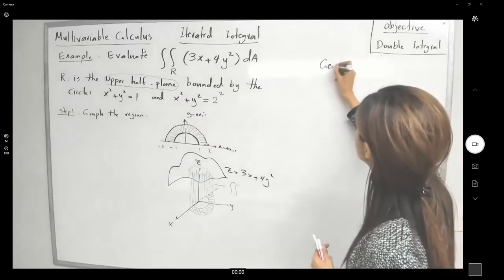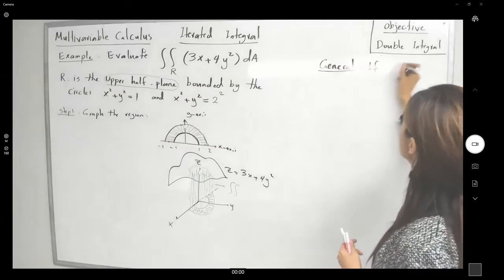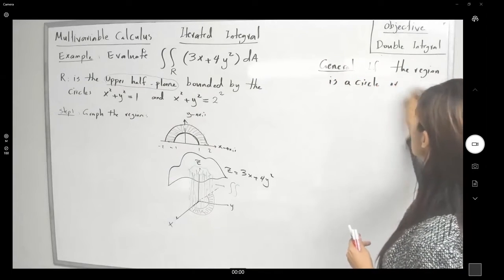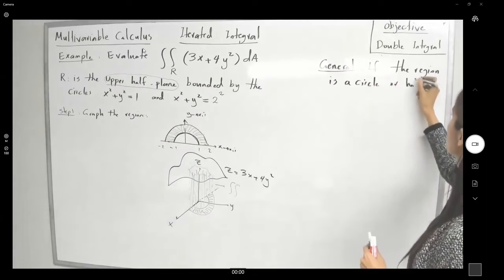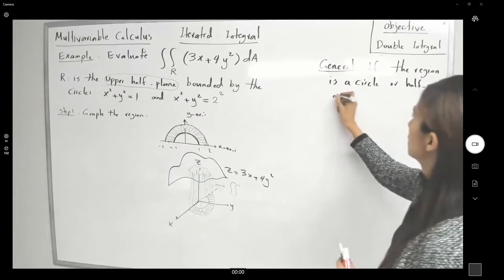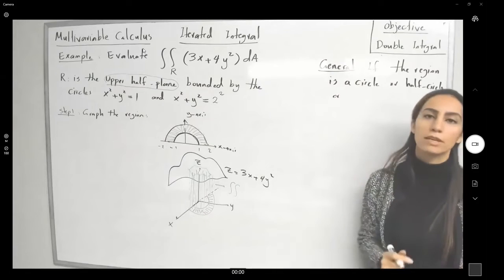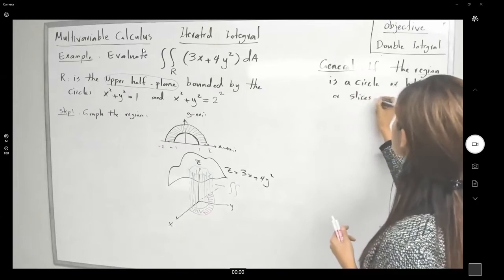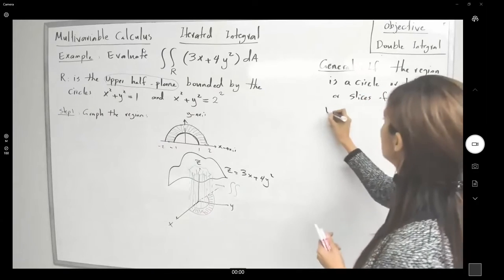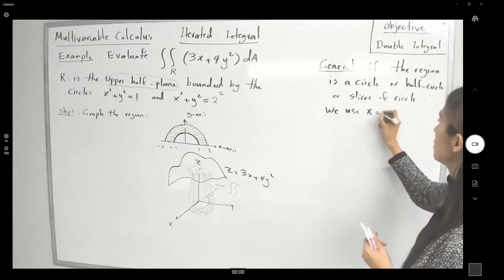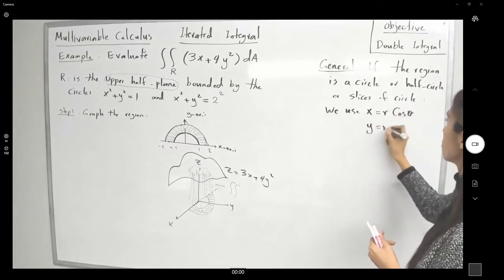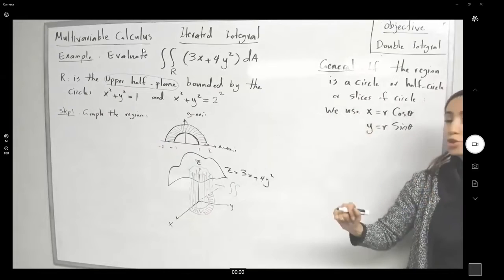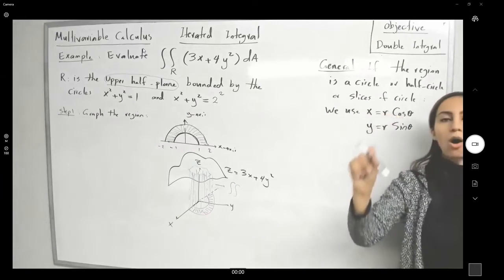So in general, if the region is a circle, or half a circle, or it has some elements of a circle, some part of it, some slice of a circle, we use x equals r cosine theta, y equals r sine theta, and we convert the double integral to an integral with r and theta.